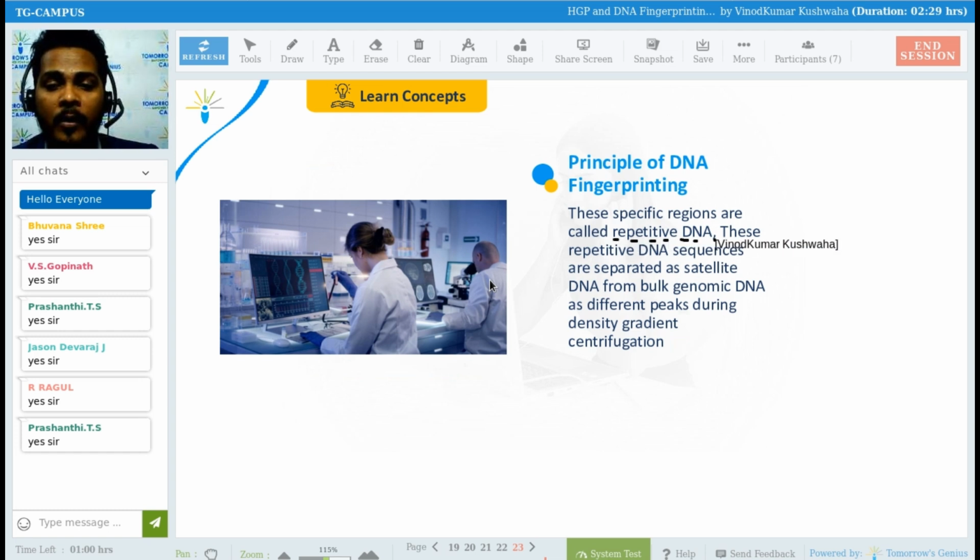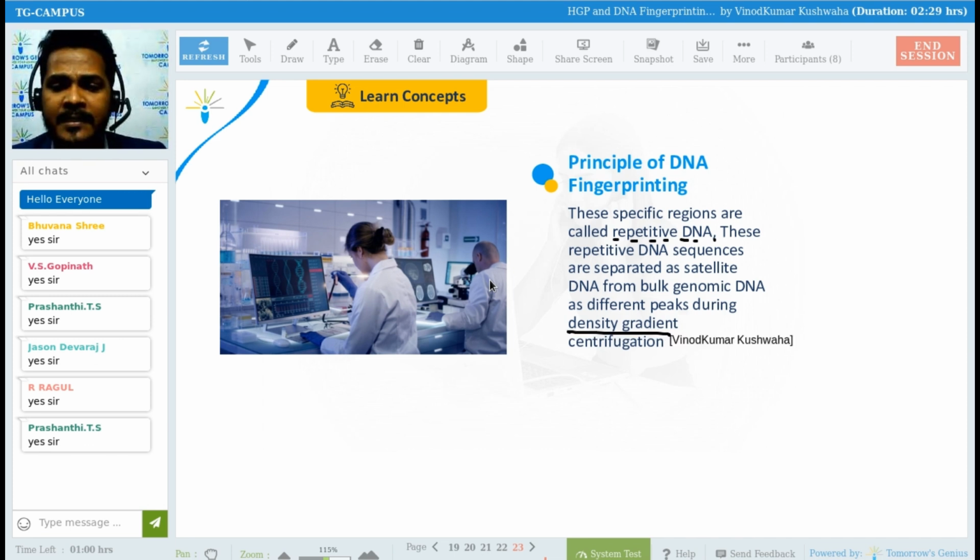And you know what I said about the repetitive DNA in the Human Genome Project? It is called the satellite DNA. Yes or no? So these repeated DNA sequences are separated as satellite DNA from the bulk genome as a different peak during density gradient centrifugation.